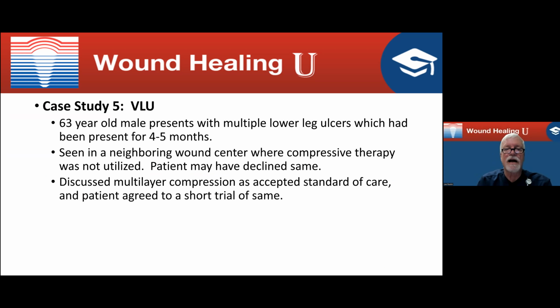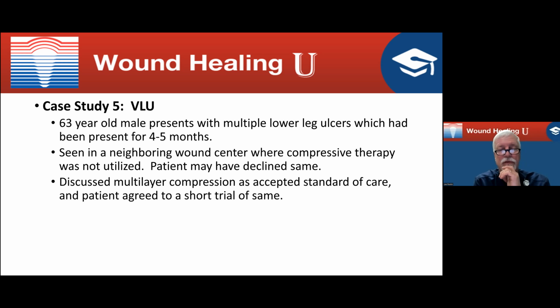Case study 5, another venous leg ulcer. This was a 63-year-old male who came in with multiple lower leg ulcers, which had been present for 4 to 5 months. He had been seen in a neighboring wound center where compression therapy was not utilized. Now, this patient initially declined compressive therapy in our clinic, so I don't want to blame the prior facility for not offering compression.